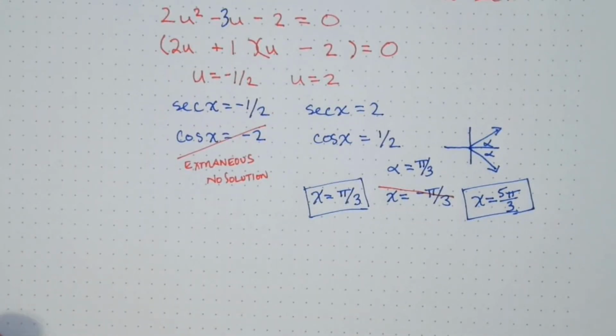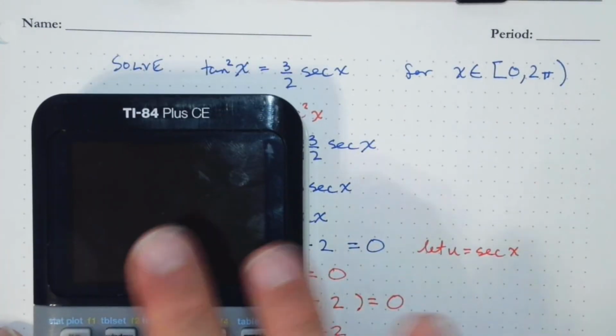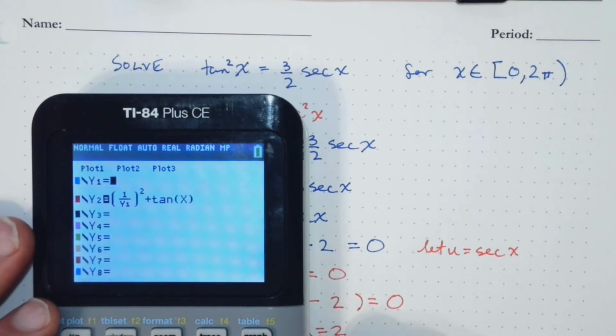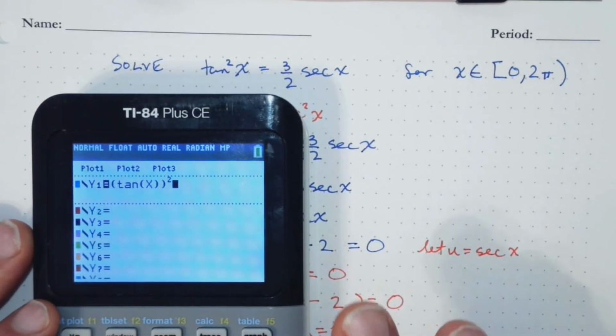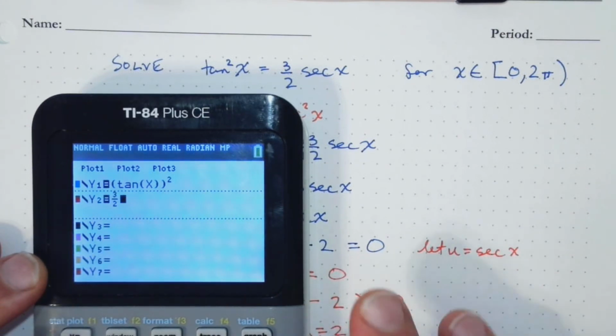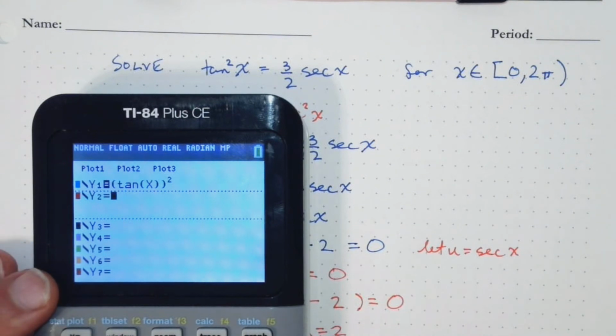If I wanted to verify that, I could graph it on my calculator. Come to y equals, clear my equations. I've got parentheses, my tangent function, and that's going to be squared. And then I have 3/2 times my secant function. But remember that the secant function is really 1 over the cosine, the reciprocal of cosine.